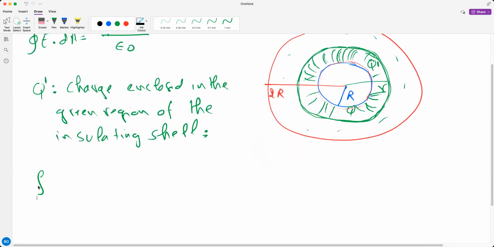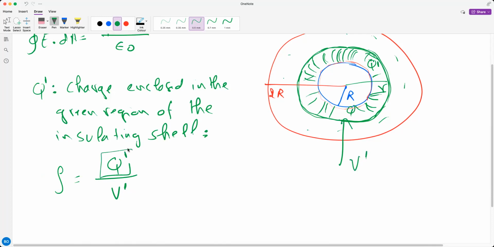I know that rho is equal to minus Q divided by the volume that we just found, minus 3Q over 28 pi r cubed. Let me remove this first, so as not to confuse you. Okay. I know that rho will be equal to Q prime divided by the volume V prime. Are you following?